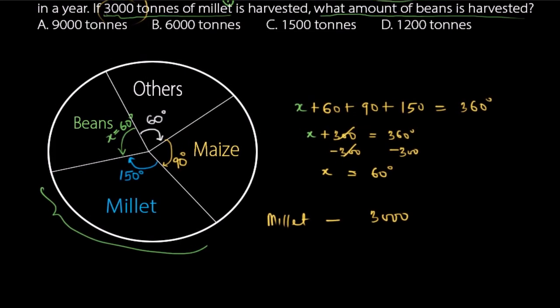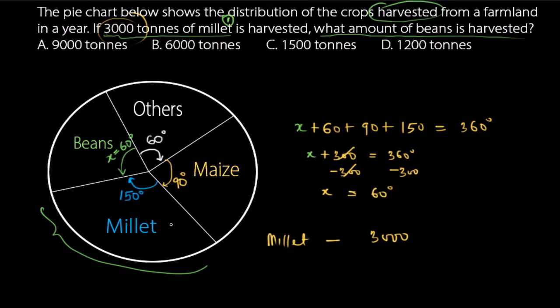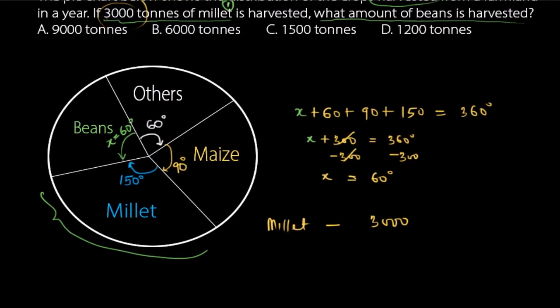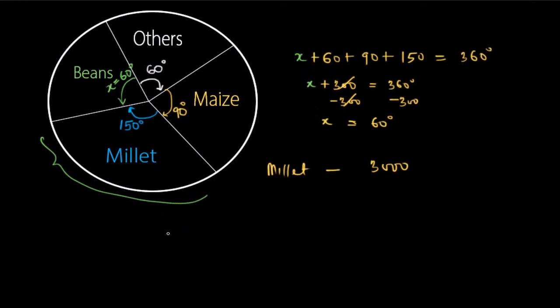The thing is, we need to know the total harvest. Since we do not know the total harvest, let's call it T. To find the proportion of millet out of the total harvest, we use the degrees we have in the circle.